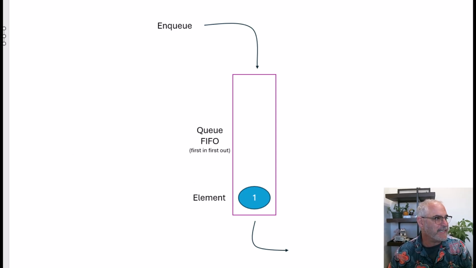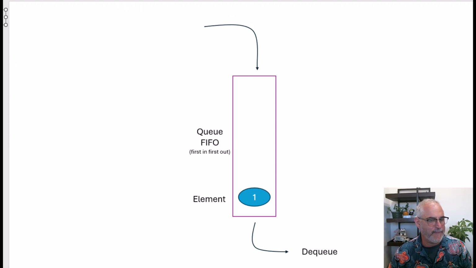And then getting something out of the queue is called dequeuing the message. So you enqueue and then you, flip it upside down, you dequeue.